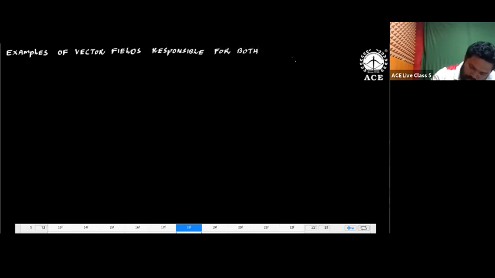Examples of vector fields responsible for both curl and divergence, or divergence and curl.